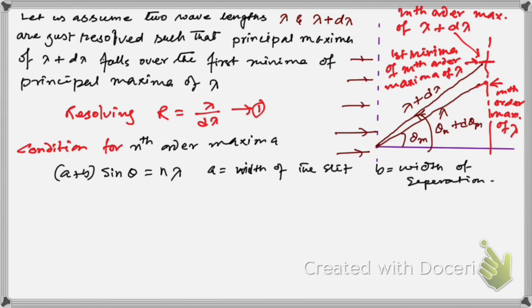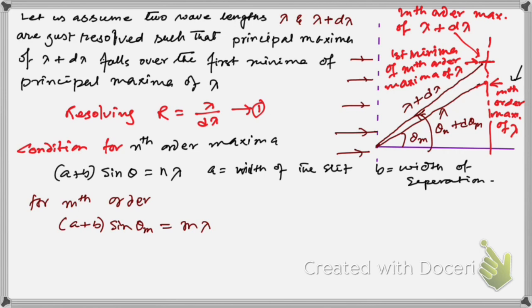For the mth order, just replace n by m: (a plus b) sine theta m equals m lambda. This will be the expression.